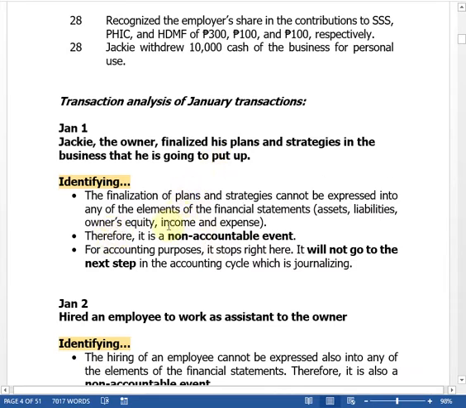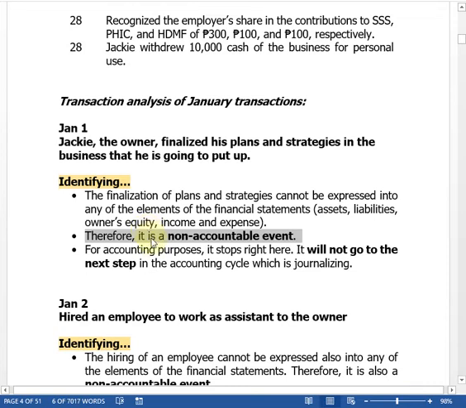Being not able to identify this transaction as any of these five, assets, liabilities, equity, income, and expense, this transaction therefore falls into that classification we call a non-accountable event. Remember, an event for journal entry purposes can only either be accountable or non-accountable. If the transaction is accountable, then it will be journalized.